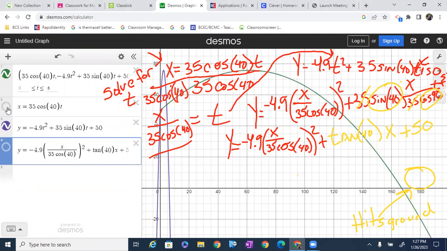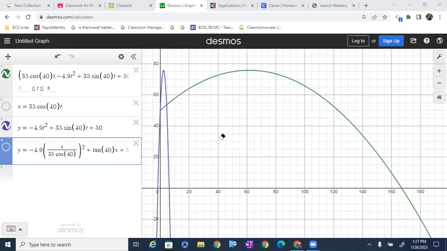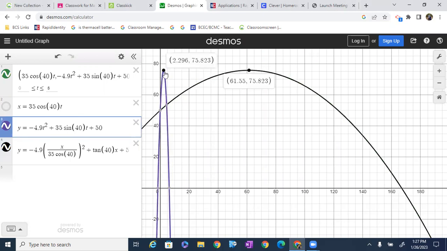When I turn off the slider, it allows me to graph the time graph. And when we graph the time graph, notice, we can verify this. Check this out. There's 75.8, and then up here on the green would be 75.8, okay? But if I want to find out the time, all I have to do is look at this purple graph and I can say, well, he hits the ground at 6.22 seconds, okay?